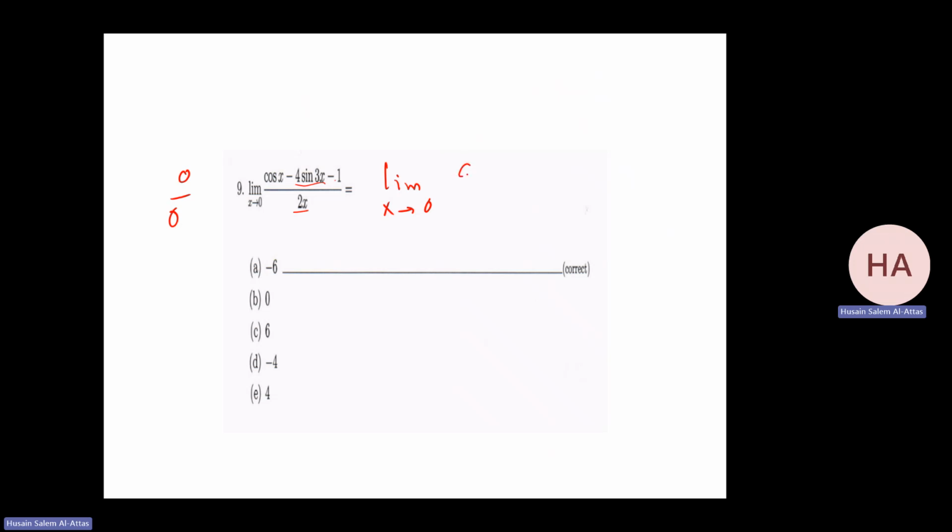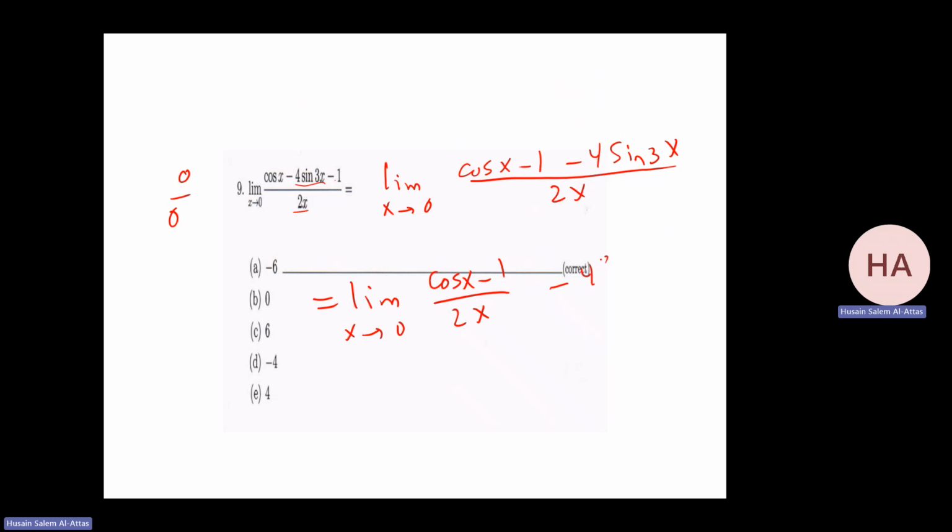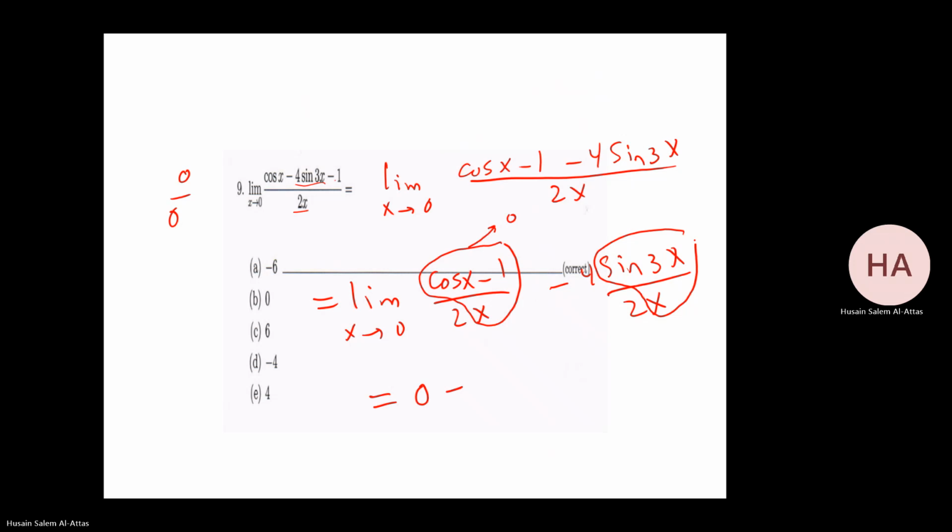I will make cosine x minus 1 minus 4 sine 3x over 2x. Now I distribute it as cosine x minus 1 over 2x minus 4 sine 3x over 2x. This goes to 0, so I have 0 over 2, which is 0, minus this one goes to 3.